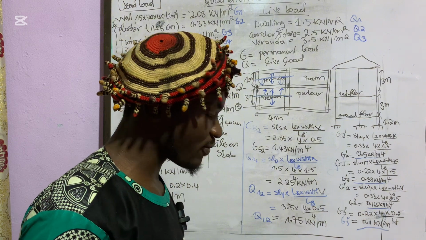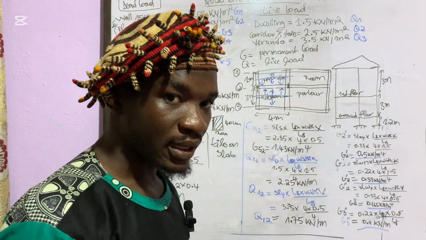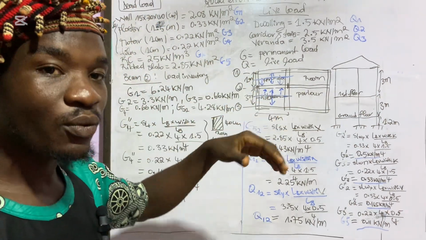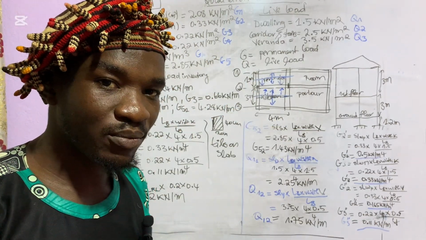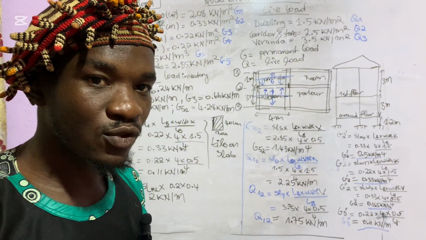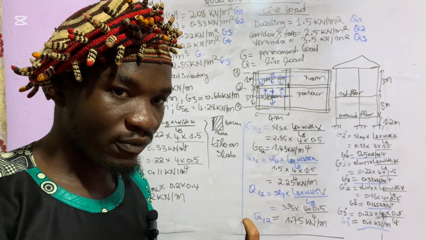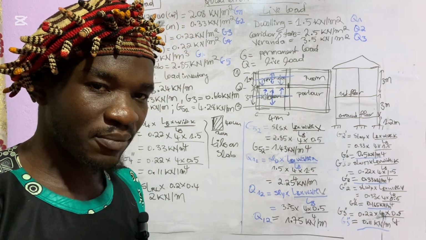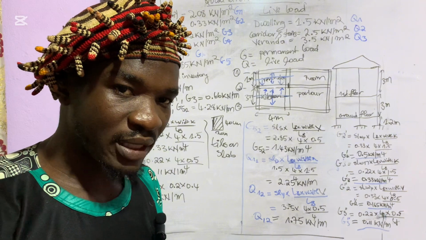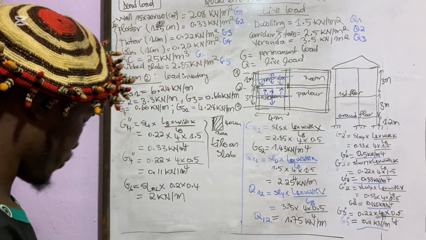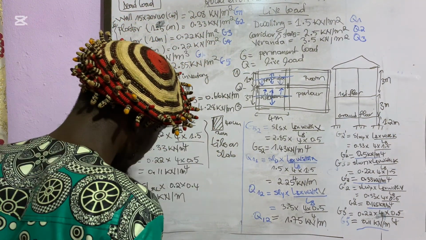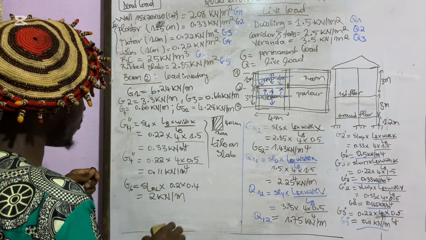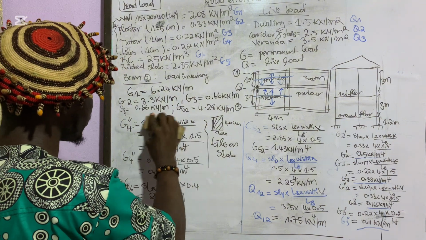You will have 1.75 kilonewton per meter. That's all about the load. We have made the load inventory for this beam 2. We have calculated all the permanent loads and all the live loads applied on beam 2. Now we have to compile all of them, and depending on whether it's serviceability limit or ultimate limit state, we'll know how to continue from there. So now let me just copy the value also of G4 prime.